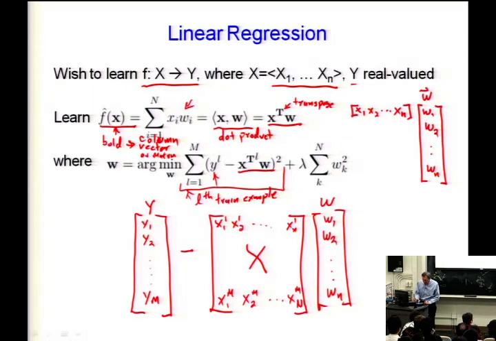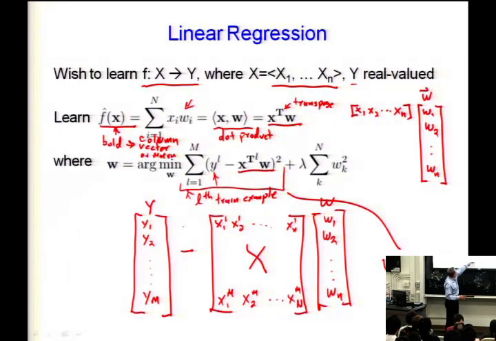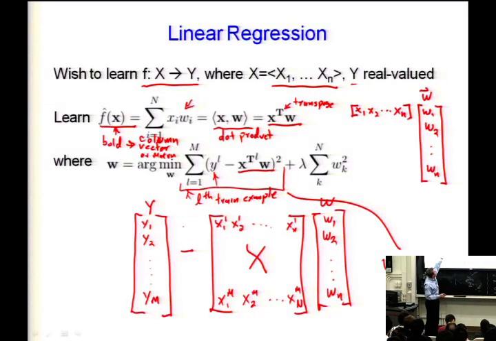So now I can rewrite this whole thing up here as y minus Xw. And when I multiply X times w, I'll get a vector the same size as y.